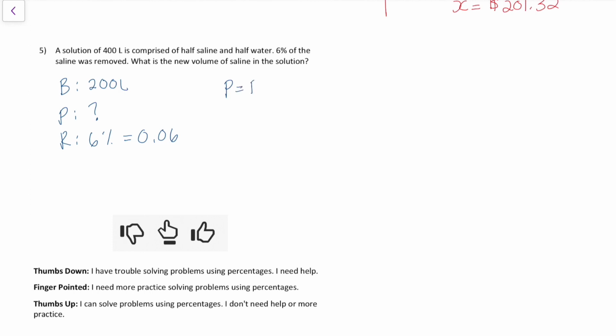So then if we're looking for portion, we do base times rate. I'm going to do 200 times 0.06, which is 12 liters. So is that my new volume? No, that's 6%. So that means that I need to subtract that because that's how much was removed. So the new amount is 188 liters.